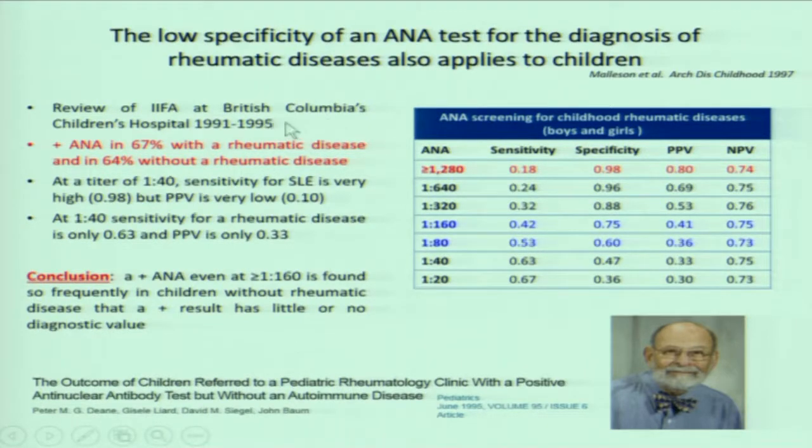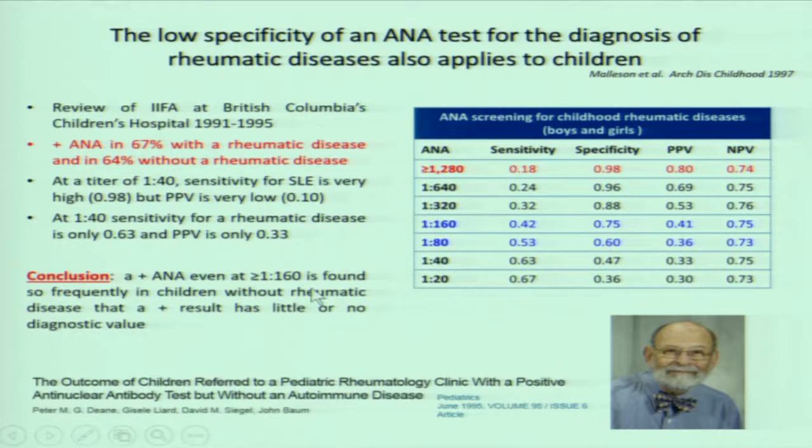So this is one study where it shows very clearly, once again, that even if you have significant titers of ANA by immunofluorescence, your sensitivity and specificity are relatively low, and the positive predictive value is still very, very low. And remember that most people will call positive 1 to 40, 1 to 80. And at those levels, it's pretty much meaningless.